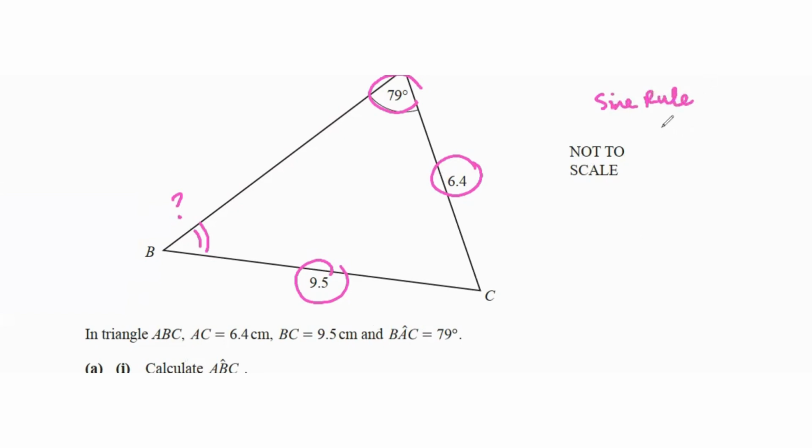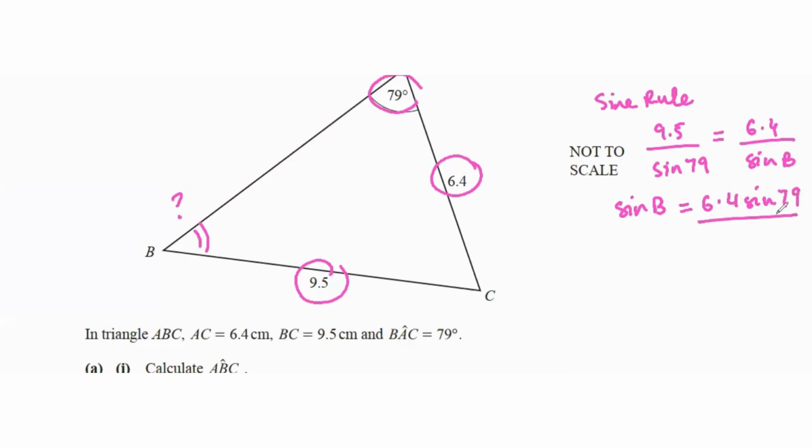where we can say 9.5 over sine 79 is equal to 6.4 over sine of angle B. So sine of angle B equals 6.4 times sine 79 divided by 9.5.